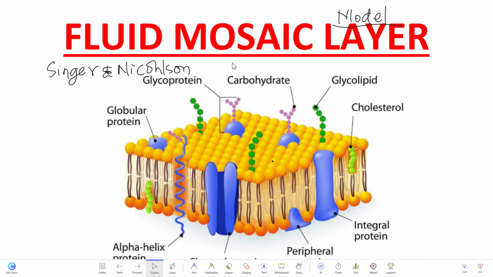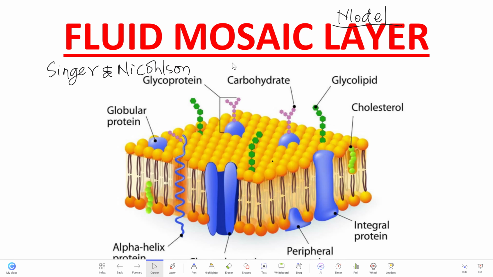You studied about blood groups. What is a blood group? Glycoprotein. So blood groups are glycoproteins sticking out on the red blood cells. Can you take blood from a different person who is not matching with you? No. You die, right? Because the glycoproteins do not match.